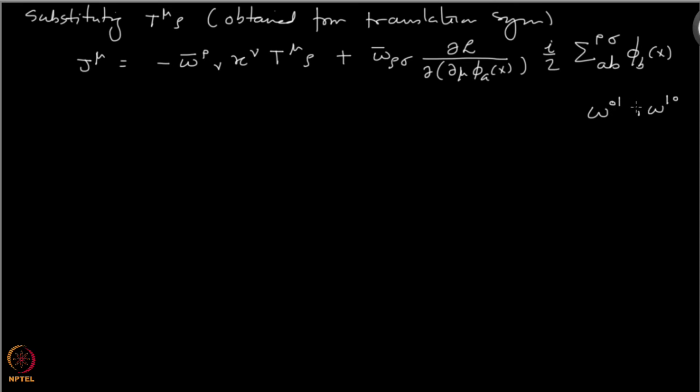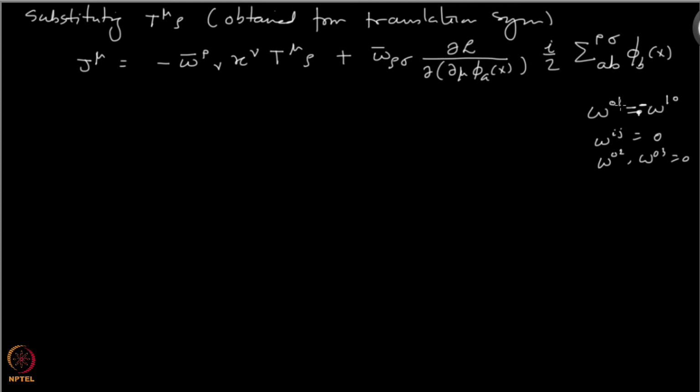So this is actually equal to minus of this. If you put this as non-zero and all others to be 0, so all omega ij to be 0 and all omega 0 2 and omega 0 3 to be 0, then you get a conserved current corresponding to this boost.